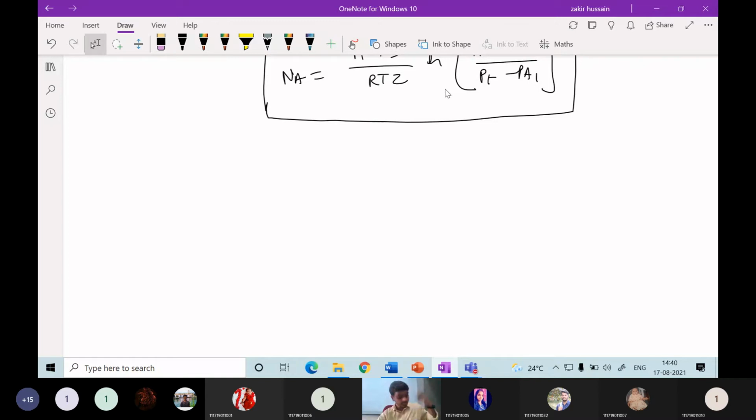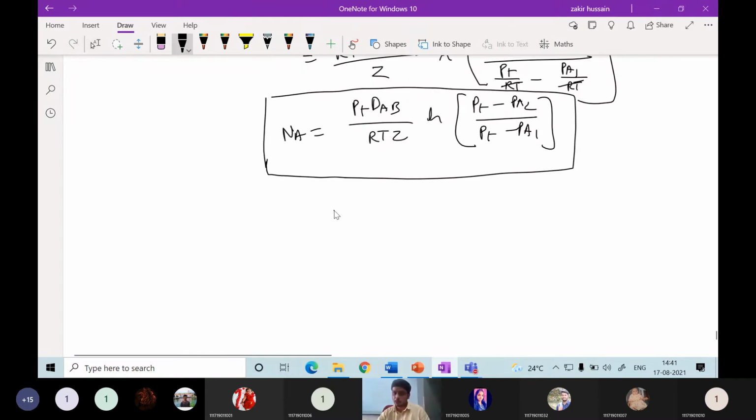We are converting it into a different form, that is, in terms of mole fraction. The mole fraction in the gaseous phase is denoted by Y. So Ya is equal to Pa by Pt, or Yb is equal to Pb by Pt. In place of this one we have to substitute.